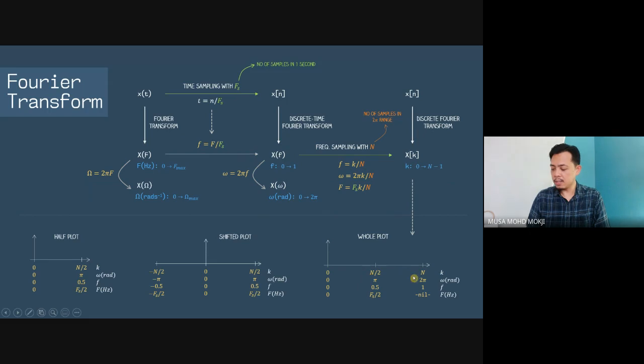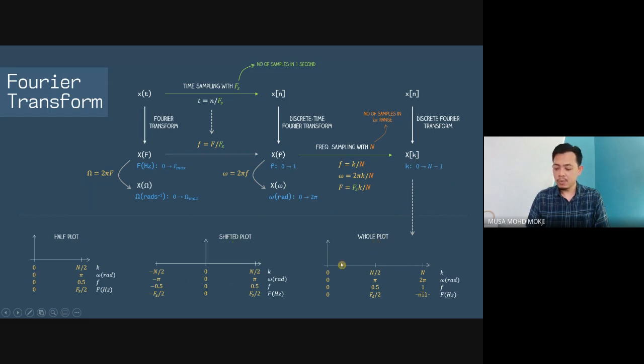If you are using k, you are plotting from 0 up to N minus 1, one sample before N. If you are using omega, it is from 0 and then pi and then 2 pi. So that's the range of the whole plot.